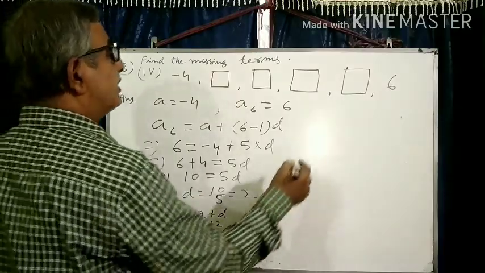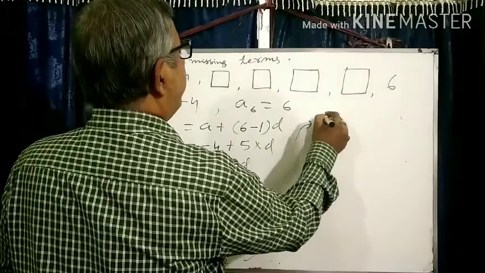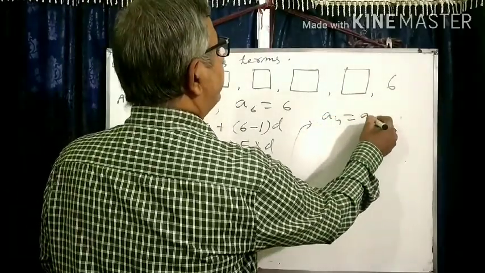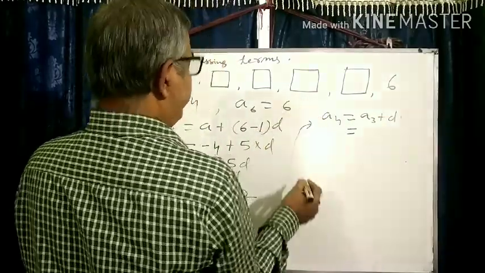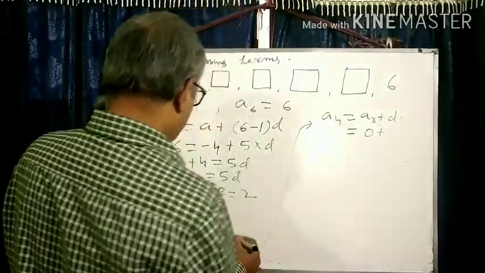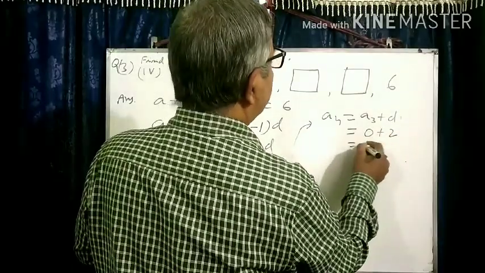After that A4. Here there is no space, so I am writing here. A4 is equal to A3 plus common difference. So A3 is 0 plus common difference is 2. You are getting 2.